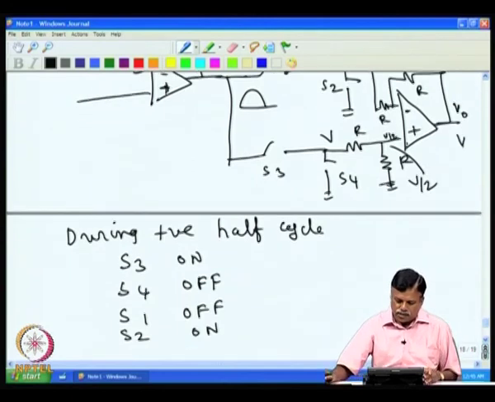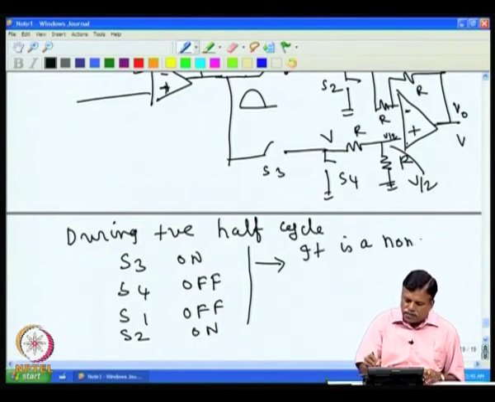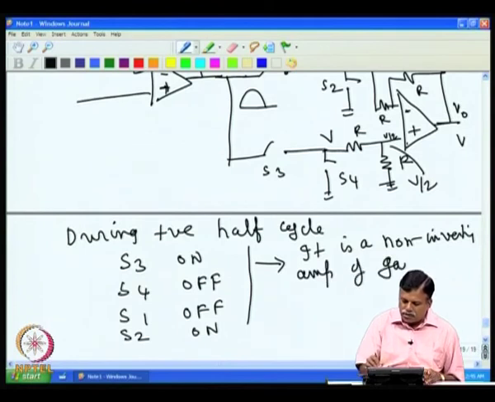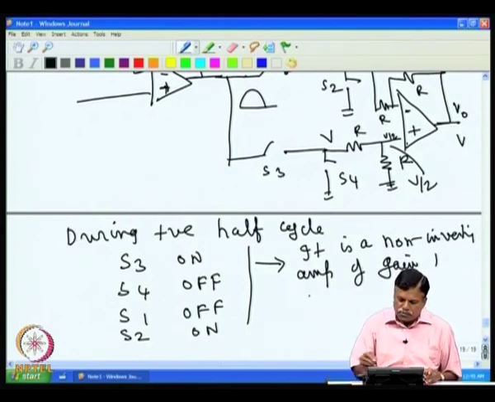So this makes it a non-inverting amplifier of gain 1, that means whatever input voltage is there will appear as it is at the output.